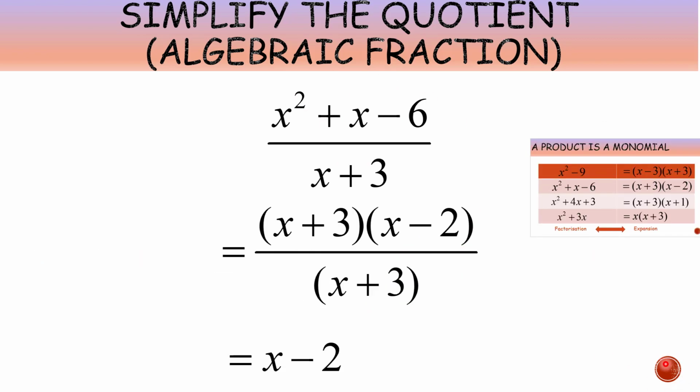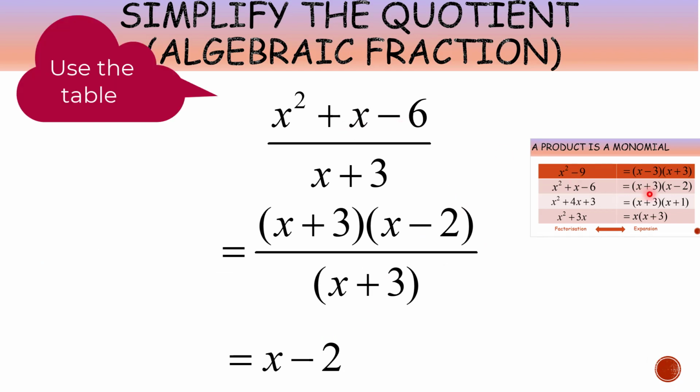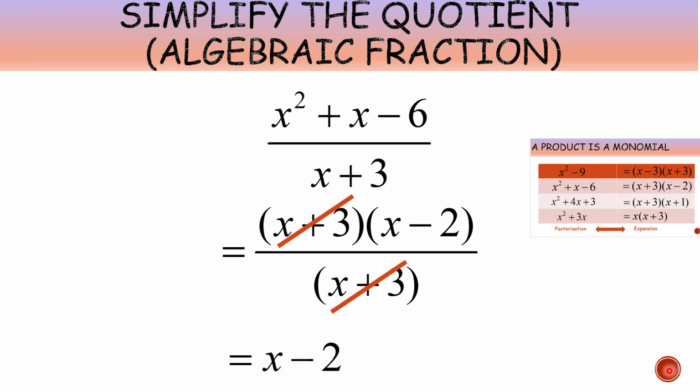What about this example? We know that x squared plus x minus 6 is the same as x plus 3 times x minus 2. So now we can simplify by dividing the x plus 3 as a bracket by x plus 3 because this is seen as one factor and this gives you 1. So the answer is x minus 2. Do you see that factorization helps us to simplify an algebraic fraction?